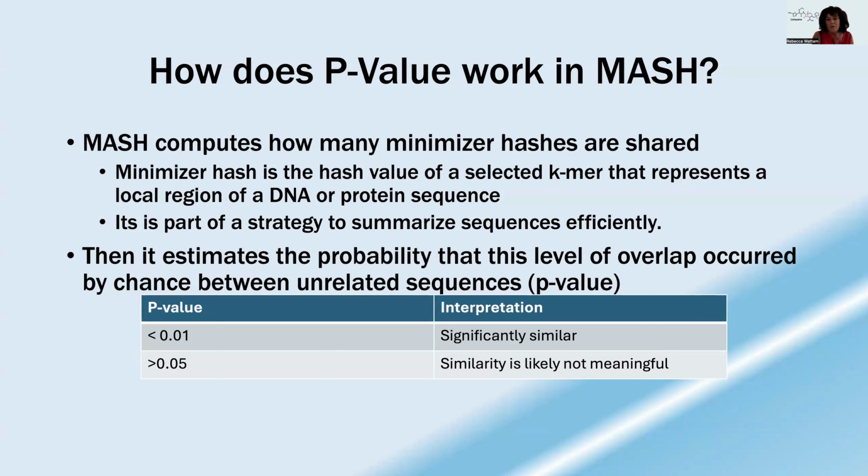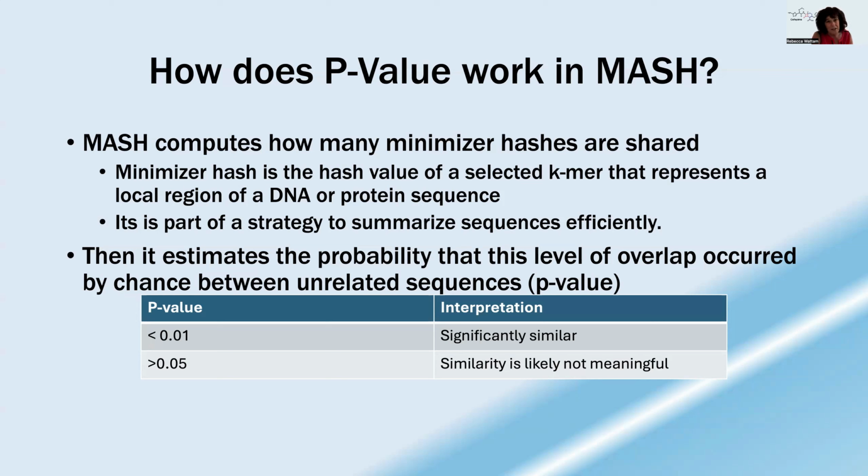Mash is computing what's called a minimizer hash, and that's the value of a selected k-mer representing a local region of DNA or protein. In our case here, it's DNA because that's what we're looking at, and it's summarizing those sequences, and then it's estimating a probability: with your private data matching this public data, what's the probability that it's random chance or that they actually match?